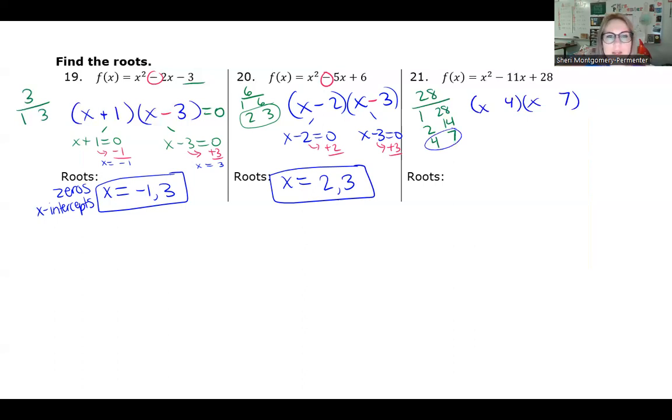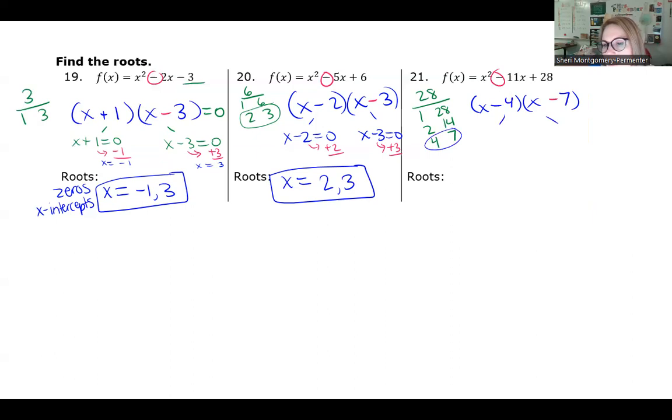So if I have 4 and 7, the middle number is negative, so I have to make the 7 negative because it's bigger. If I have -7, would I add or subtract to get -11? If I add, then I go more positive. So if I add 4, then I would get -3. I have to subtract 4 so that I get to -11.